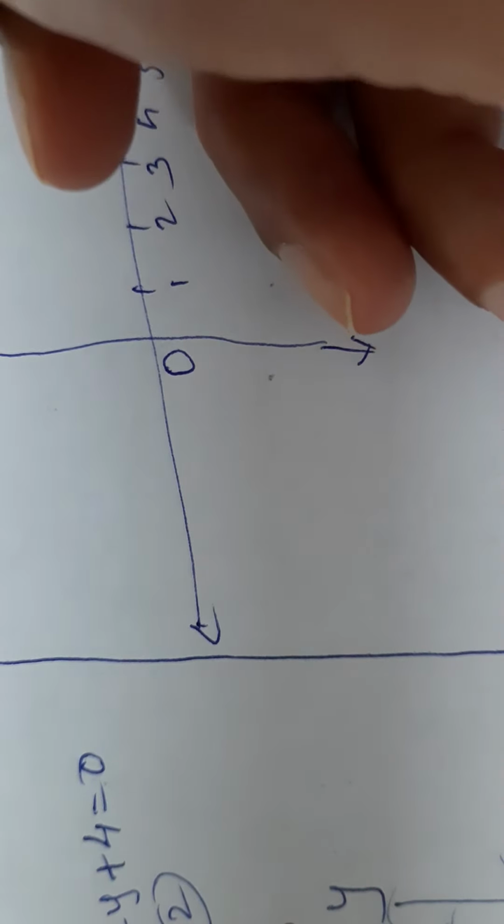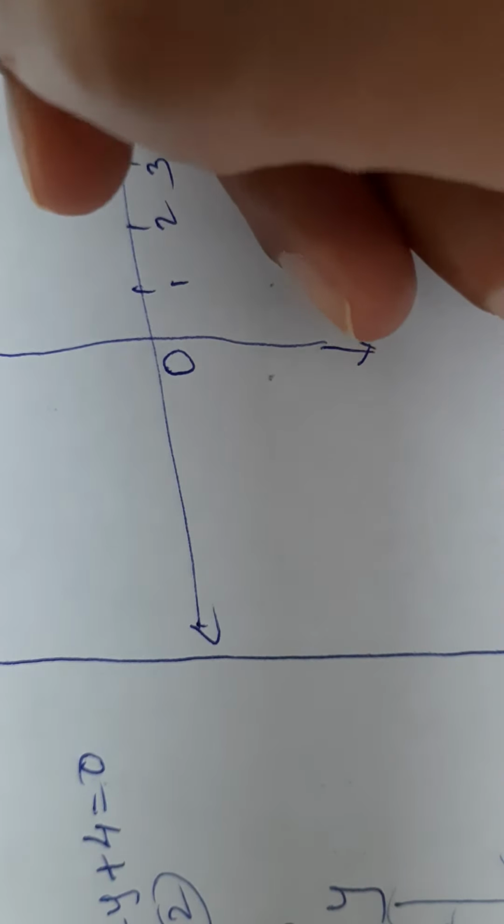And y equal to 1, 2, 3, 4, 5, 6, 7. Choose proper scale. Then below it is -1, -2.